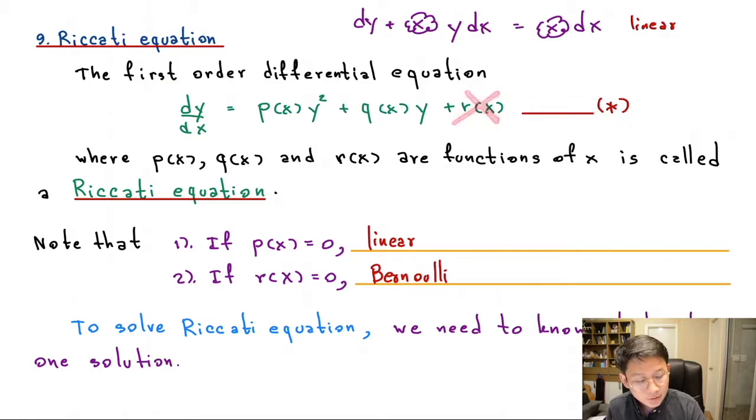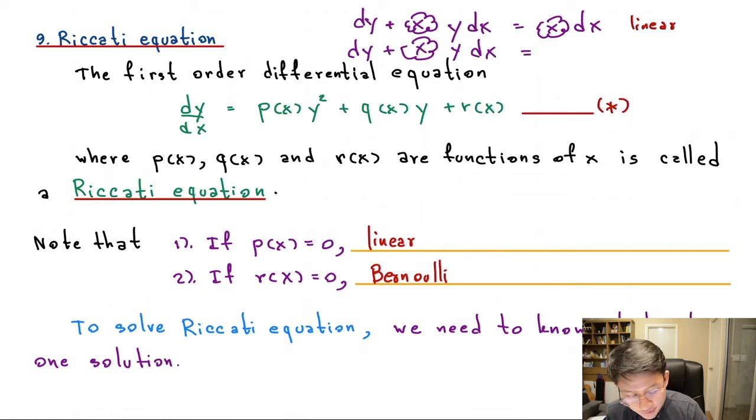So what is Bernoulli? In the previous video, we talked about the Bernoulli equation, which is dy plus some function of x, y dx equals some function of x, y to the n dx.